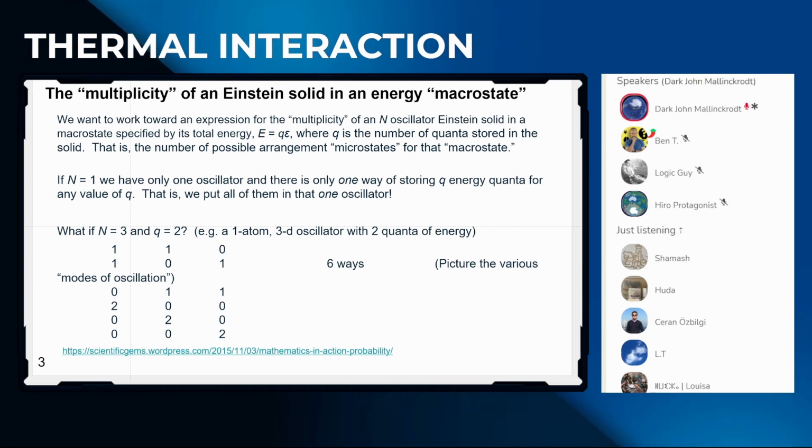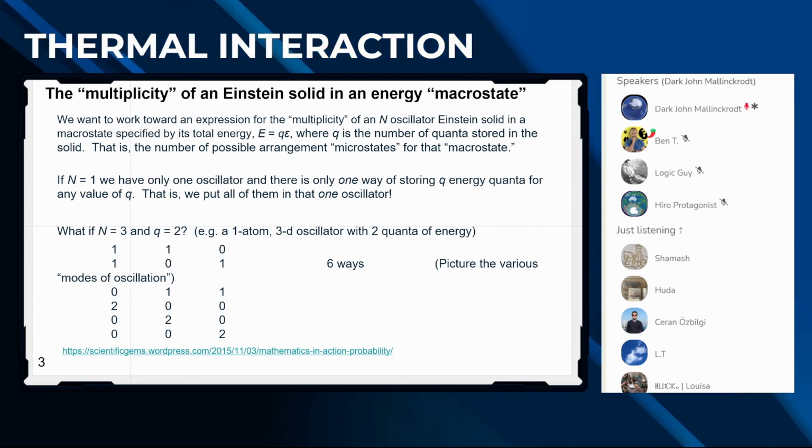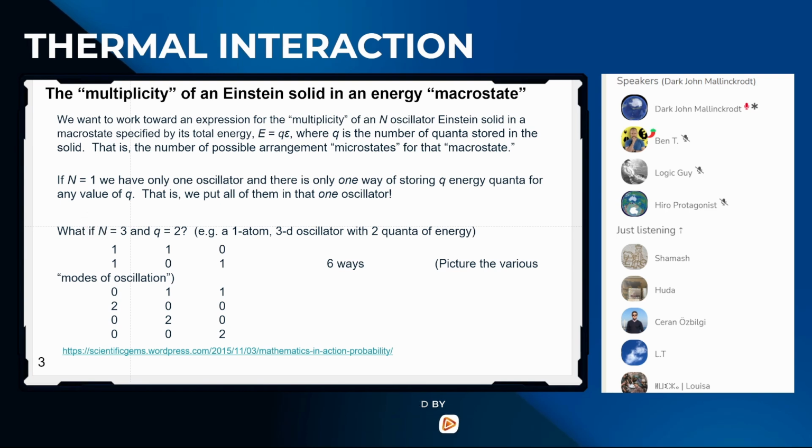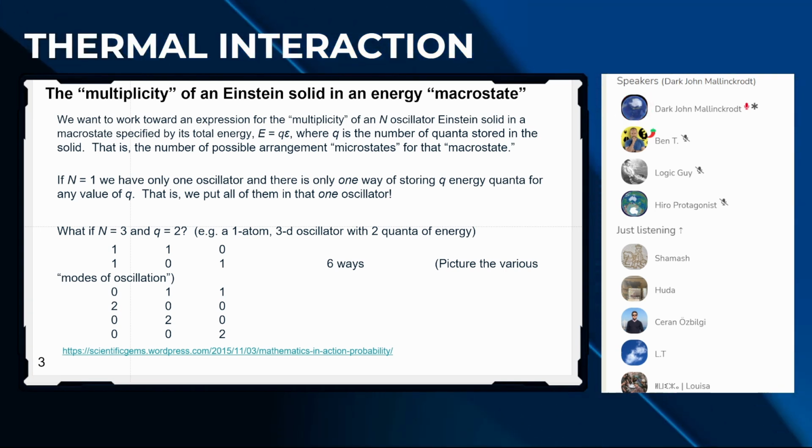If I have 150 quanta of energy, the only way I can store it is by putting all 150 into that oscillator. So even though that's a very simple example, hopefully that will give you a sense of what I mean by microstates and macrostates. There's only one way to store energy, no matter how much energy you have, if you only have one place to store it.